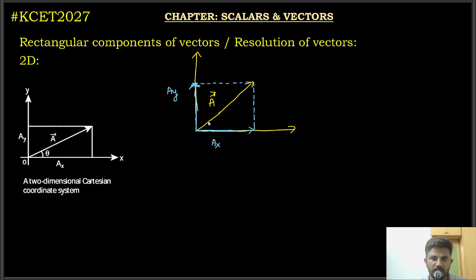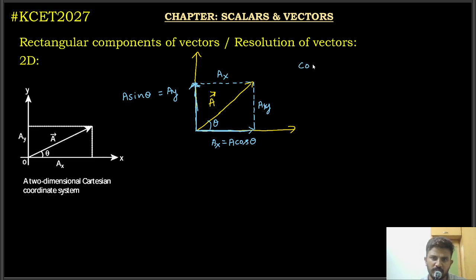Let's consider this angle is theta. So how do you write A in terms of theta? Ax is equal to A cos theta and Ay is equal to A sin theta. Here if you observe, the perpendicular value is called Ay, and the horizontal value is called Ax, right?